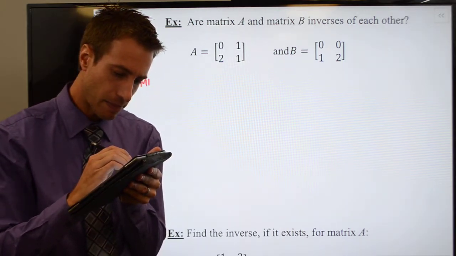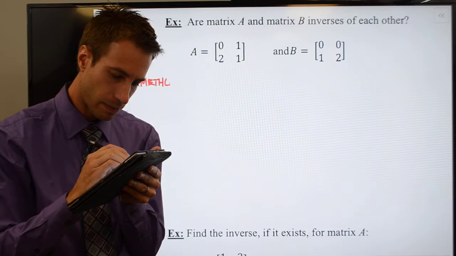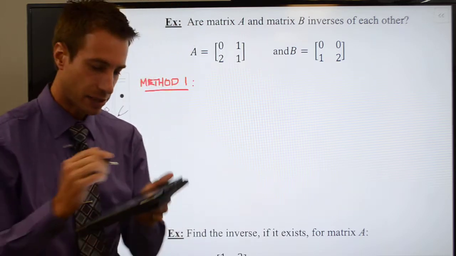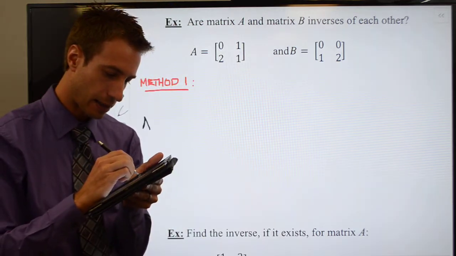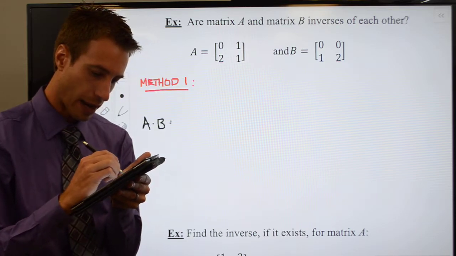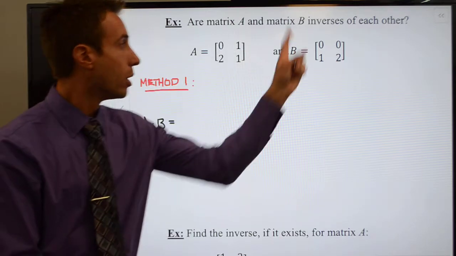So this is going to be method number 1, where I will multiply these matrices together, A times B. Here's what I get if I multiply A times B. Remember, row times column.